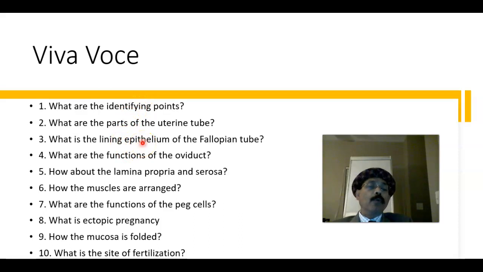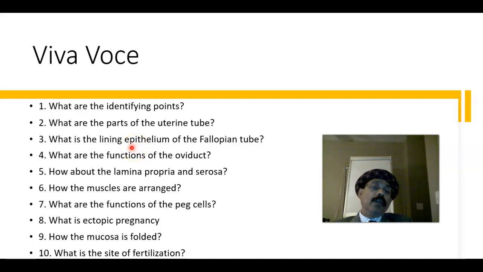Two types of cells: one is ciliated and the other is non-ciliated. Ciliated cells actually sweep the ovum towards the uterus. So it has some function in that way. And once there is fertilization and cell division has started, the ciliary movement also helps to move the product of fertilization to the uterus.